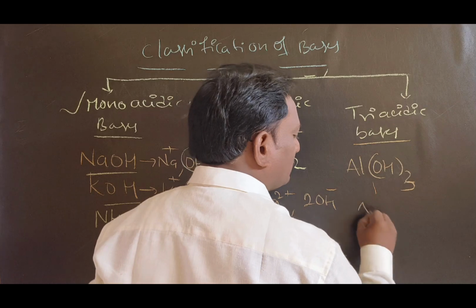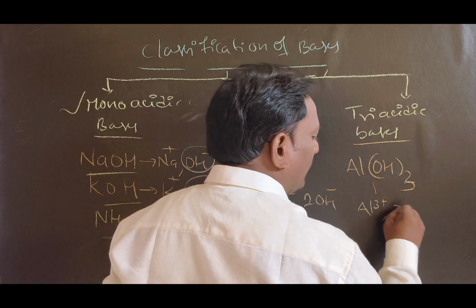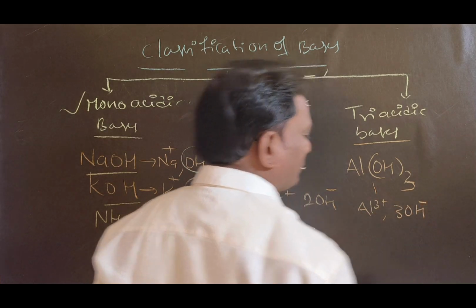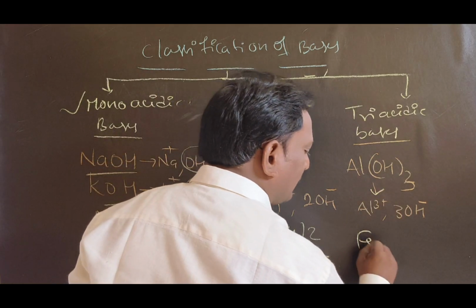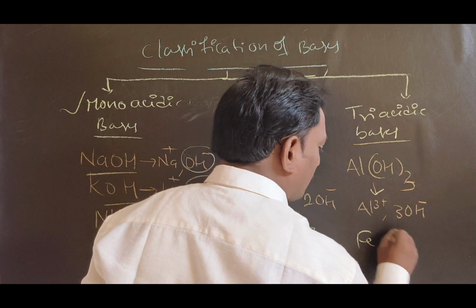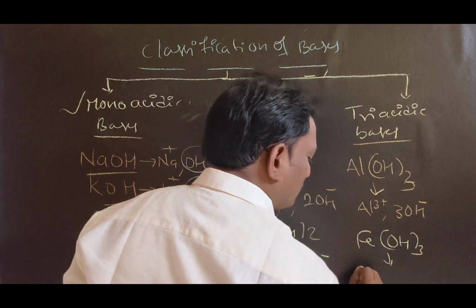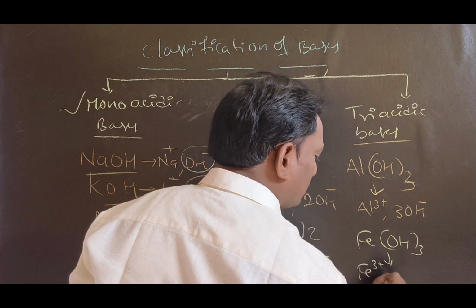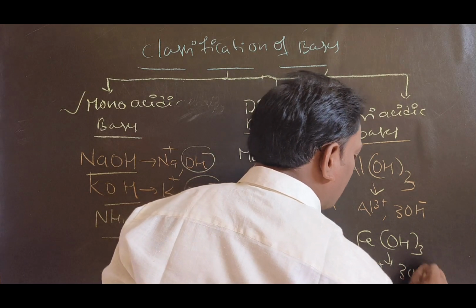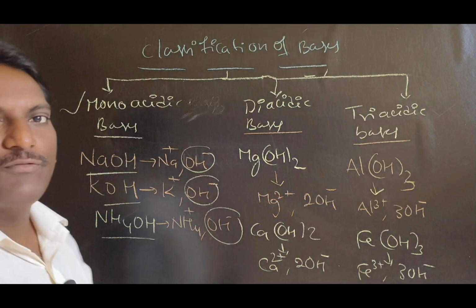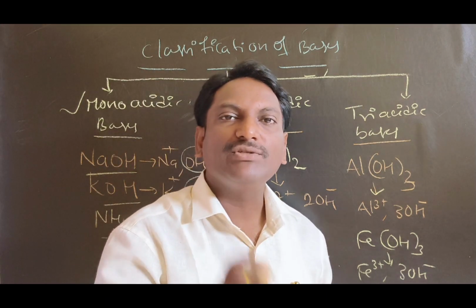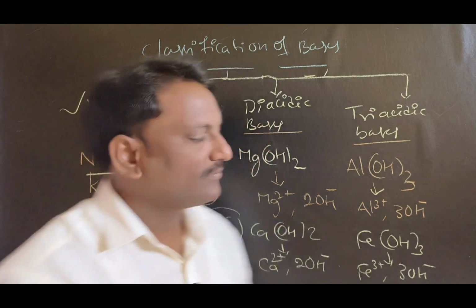It is ready to produce 3 OH minus ions per molecule. Next one, iron 3 hydroxide, ready to produce Fe3 plus along with 3 OH minus ions. So these are the classification of bases based on acidity.